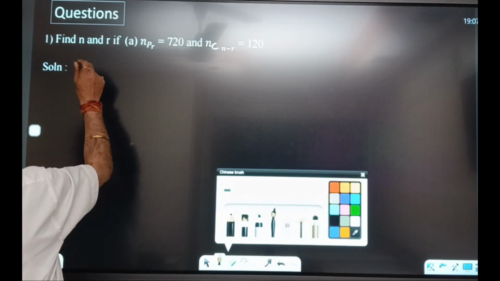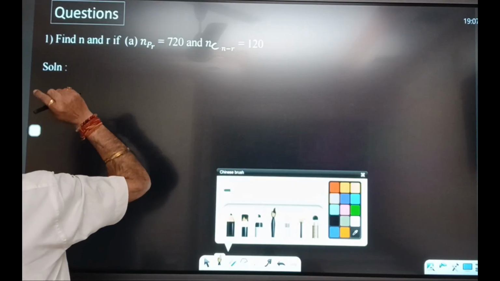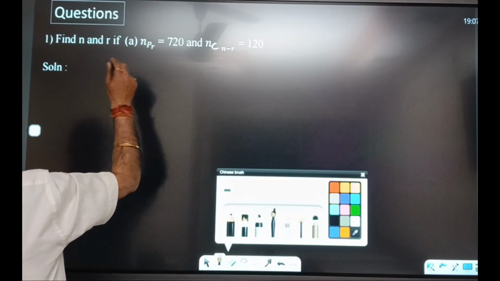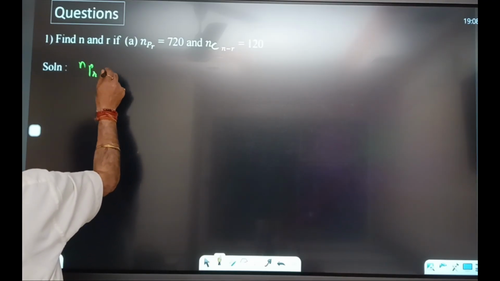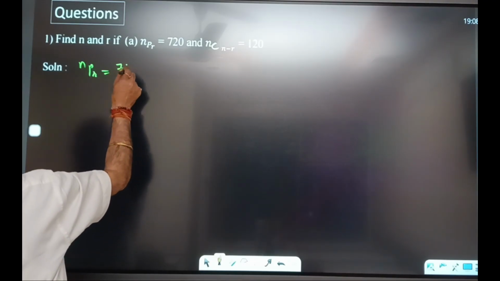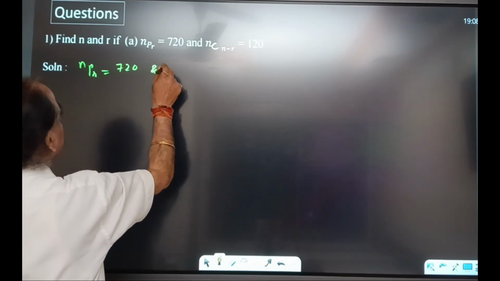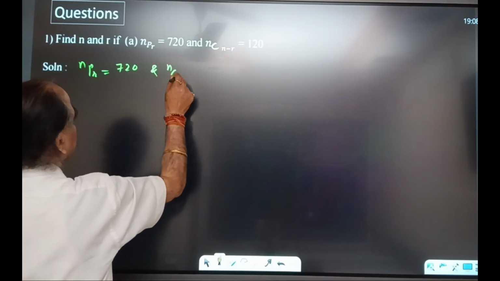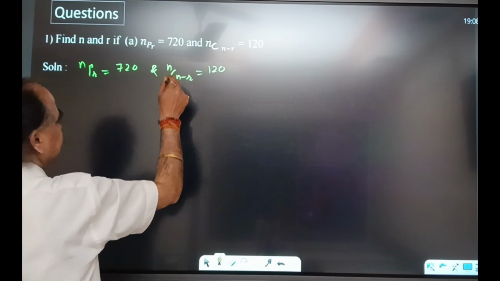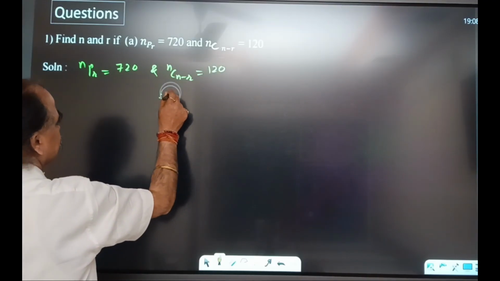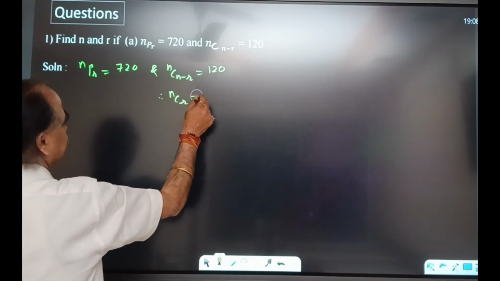nPr is 720 and nC(n-r) is 120. But nC(n-r) is the same as nCr.